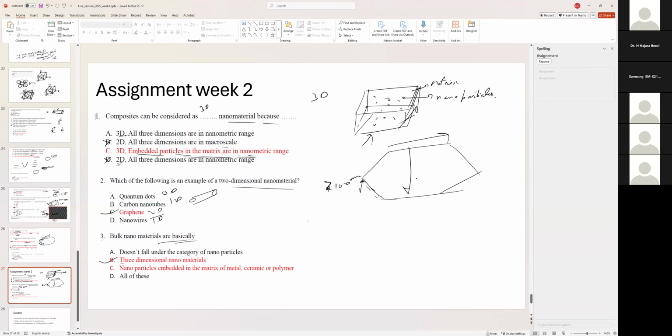The nanoparticle is embedded in the matrix of a metal, ceramic, and this matrix can be any material: polymer, ceramic, metal. Both of these are correct.